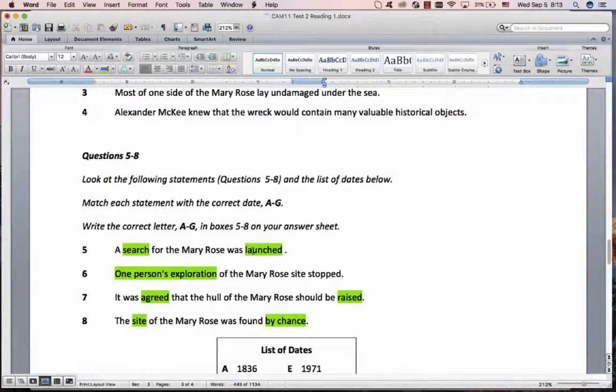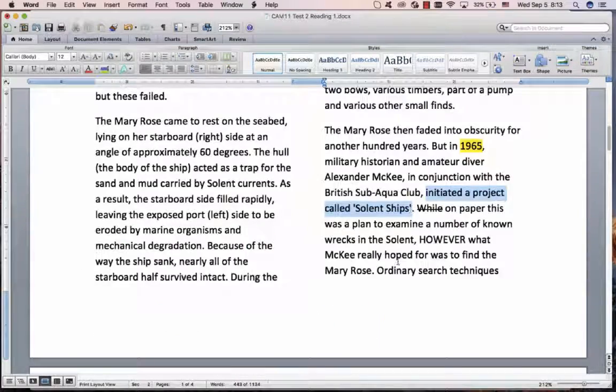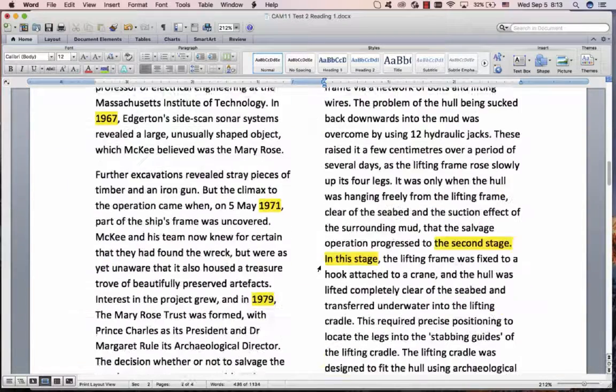A search was launched, initiated a project. This means started a project. And what he really hoped to find was the Mary Rose. Not very easy, but this whole thing means that he started a search looking for the Mary Rose. Pretty difficult language.